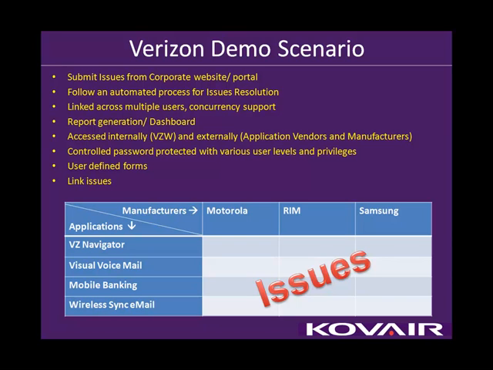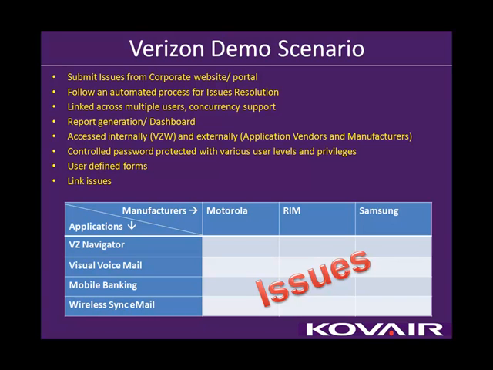We have created a web form as a part of the Kovair website, but it can be created for a Verizon website as well, which is integrated with the Kovair application, so that people who do not have access to the Kovair application can still submit issues using this web form. And an automated process is created in Kovair, which I'll show during the product demonstration, which will be followed whenever an issue is submitted, either in the application directly or through the web form.